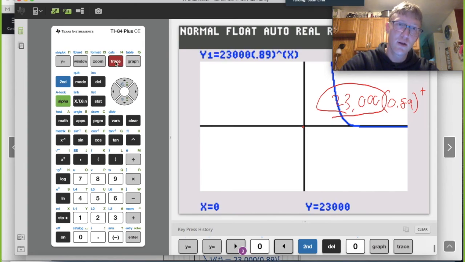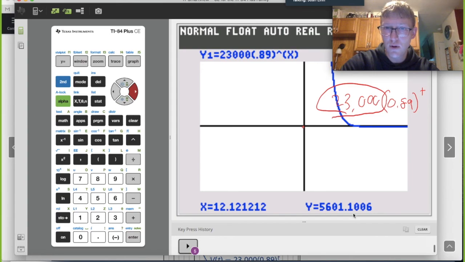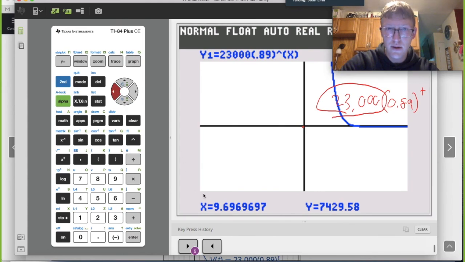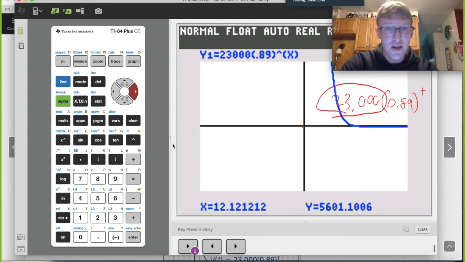So we can trace. So I'm looking at this number right here, and I'm looking for it to be about 6,000. So 9.6 is 7,000. 12 is 5,000. So it's either 11 or 12.